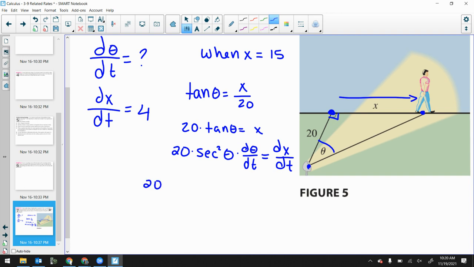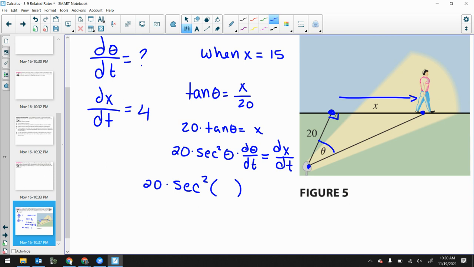We've got 20 times secant squared, oops, my c. My secant squared, oh shoot, what's theta? I have to have theta, don't I? Yes.